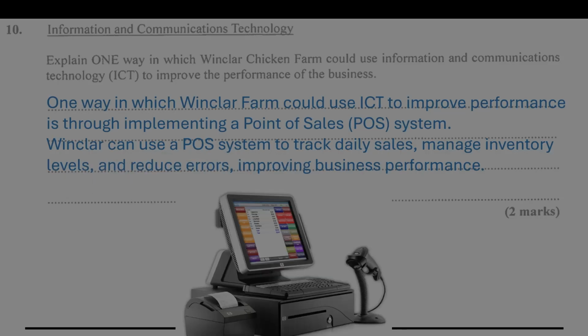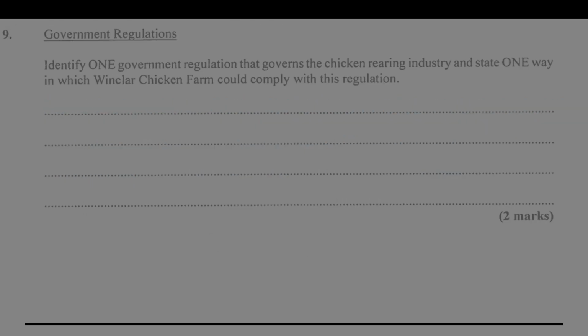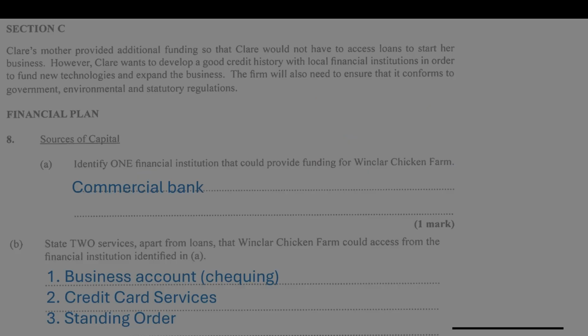Right, so lastly, number 11, executive summary. Describe the overall business operation in one paragraph, including information from the three main areas of the business plan. So we have to describe the business operations based on all these questions we've answered here, right? So we have to describe the financial plan.